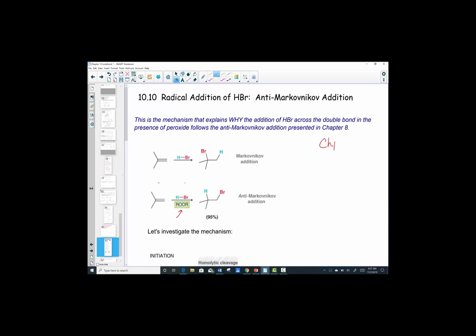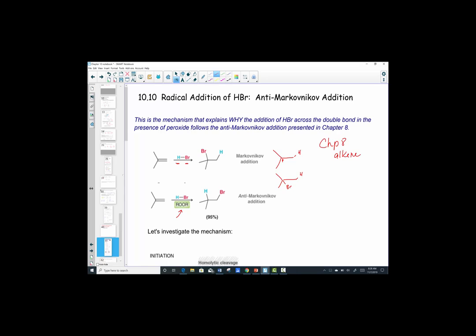So from chapter 8, this was our alkene chapter, we said that a hydrohalogenation across a double bond is a 2-step process in which we form a carbocation intermediate by the addition of a hydrogen first, and then in the second step, we add the bromine across the double bond, and the bromine then attaches to the carbon that has the most carbon attached.